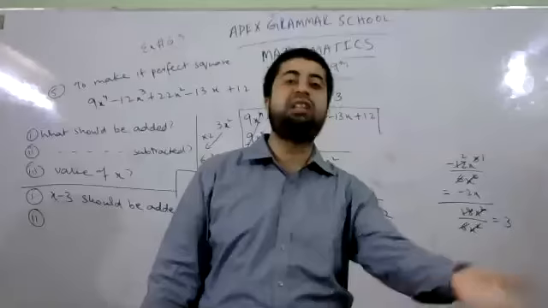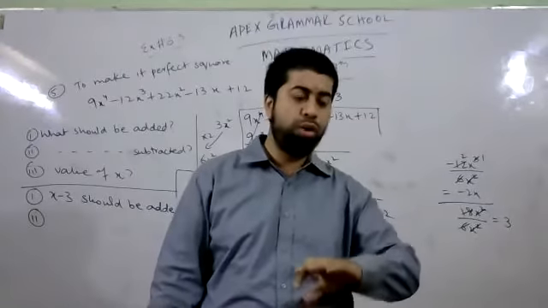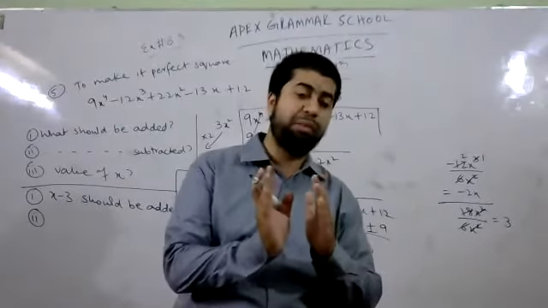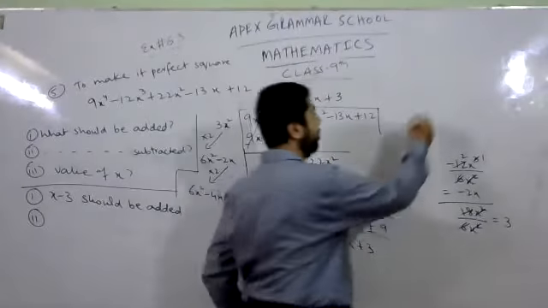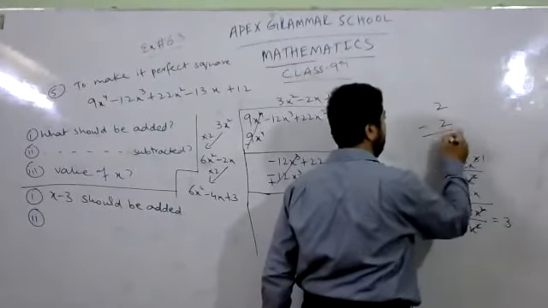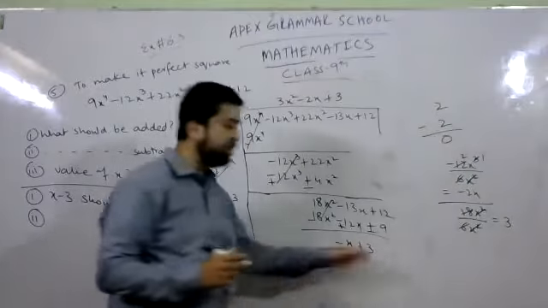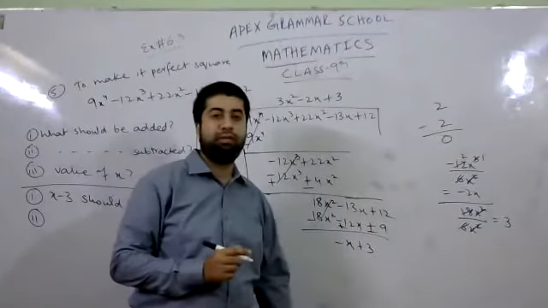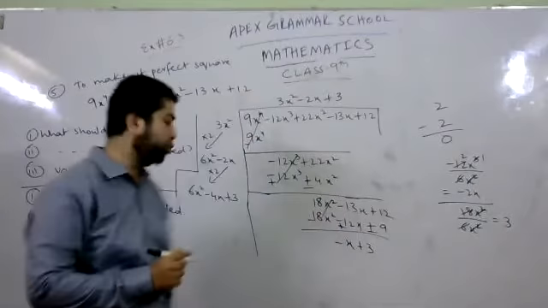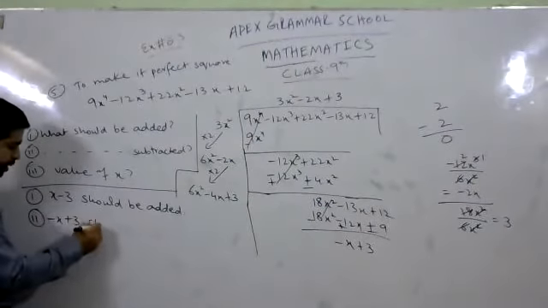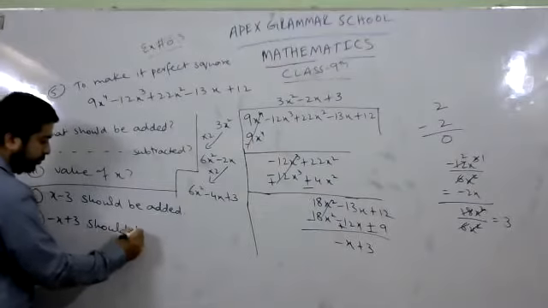Obviously, the same number is subtracted. If we have 2, then I want to make it 0, so the same number should be subtracted to make it 0. So minus x plus 3. We are going to subtract the same number from it to make it a perfect square. So minus x plus 3 should be subtracted. Second answer.